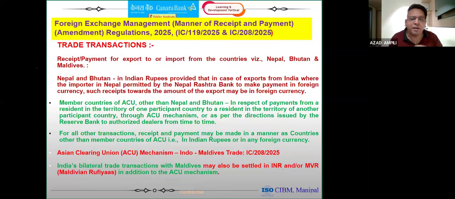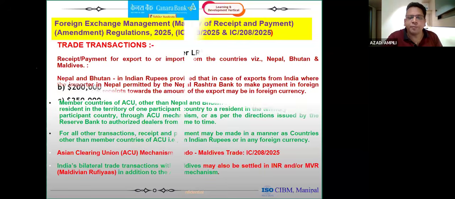India's bilateral trade transaction with Maldives may also be settled in INR or Maldivian rufiyaa, in addition to the ACU mechanism. Now, what does ACU mean? Asian Clearing Union. And all these countries in our Asia can do the settlement of money in that platform, in the ACU platform. Okay.